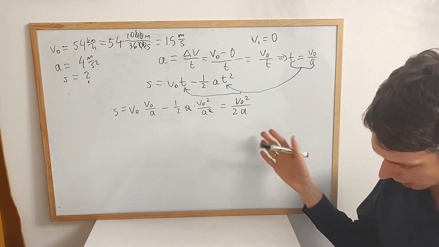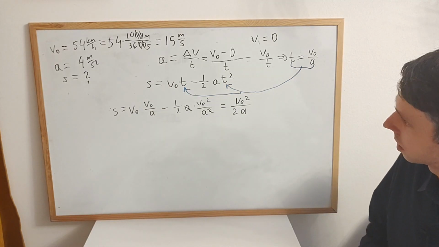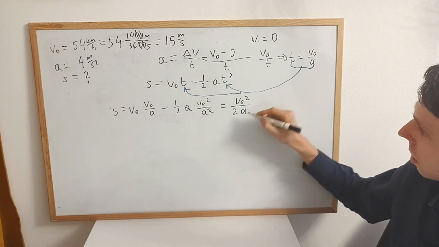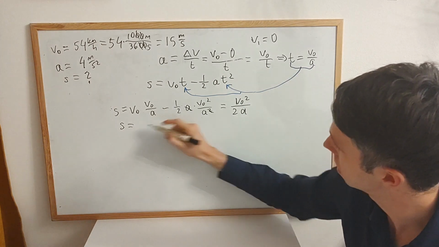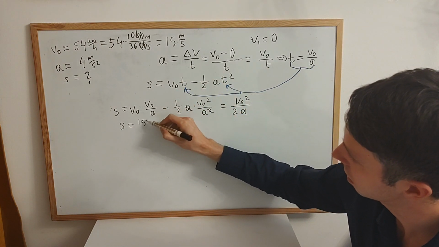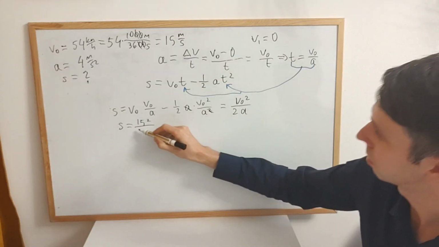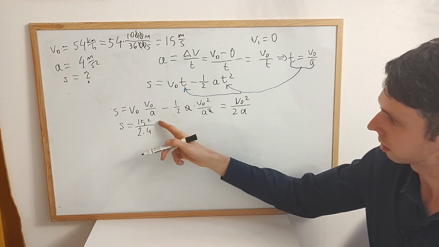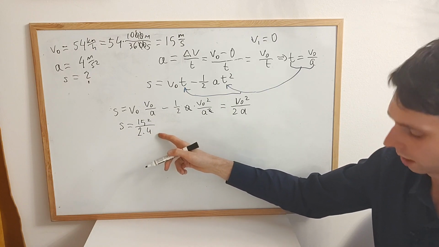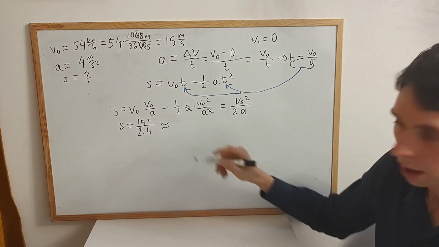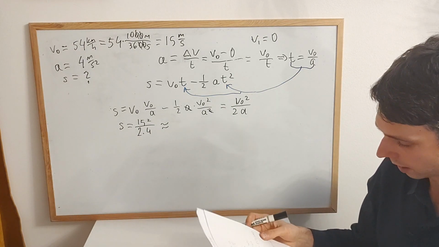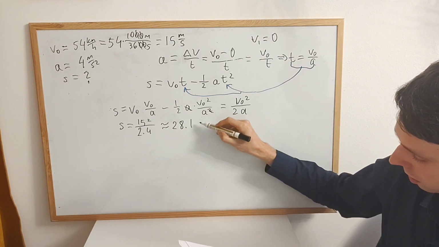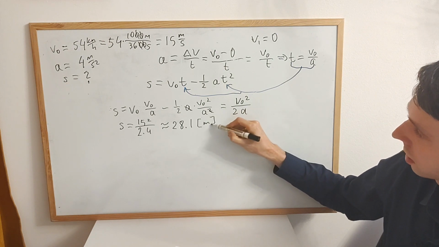Okay, so to calculate the braking distance in this situation, you plug in the values. So s is v0 squared, 15 squared divided by 2 times 4, so 225 divided by 8, and using calculator I obtained that this is approximately 28.1 meters.